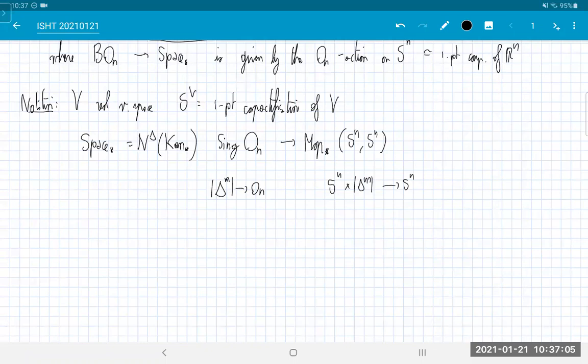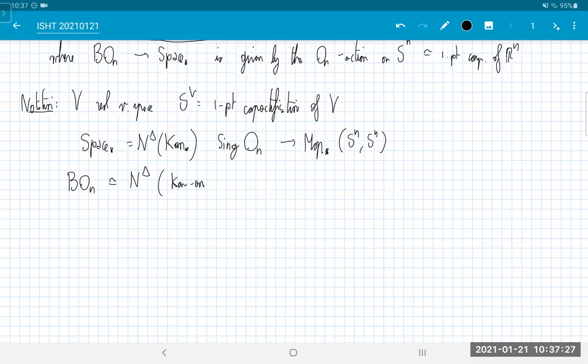I was wondering what happens next. If you have this map, then, sorry, BON, I don't remember if I gave it as an exercise, maybe for ON discrete. But BON is actually the same thing as the simplicial nerve of the Kan enriched category with one object and ON as endomorphisms.